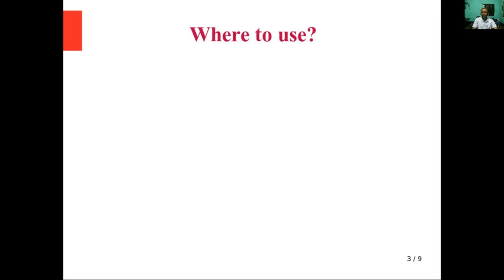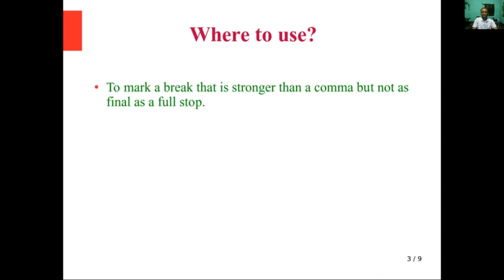So here we go. The first thing is to mark a break that is stronger than a comma but not as final as a full stop. You know, full stop, we use full stop after a complete sentence. When we finish speaking a full sentence, we use a full stop.